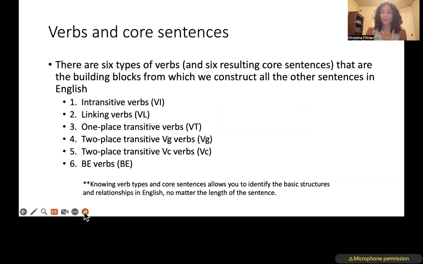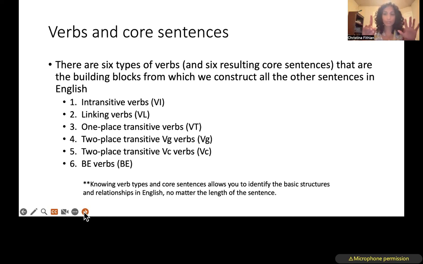So as we embark on our journey of building sentence trees and tree diagramming, we're going to primarily focus on verbs. Everything about a sentence is centered around the verb. And so it's very, very important that we understand verbs very well. And this particular material, you may want to review these videos this week and next week to really make sure you understand the verbs, because the verb is the building block of the entire sentence.